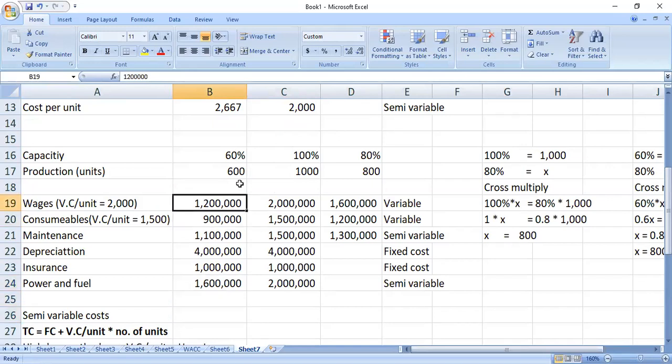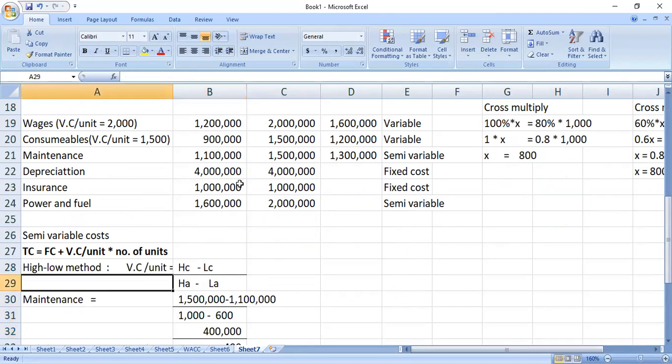They'll tell you this is variable, this is semi, this is fixed. So when it is semi, they will tell you clearly that maybe, for example, maintenance is composed of a fixed cost of 2.5 and a variable cost per unit of 3 shillings. You have seen that.